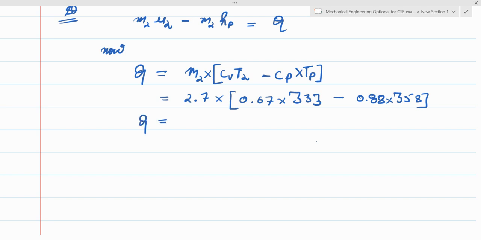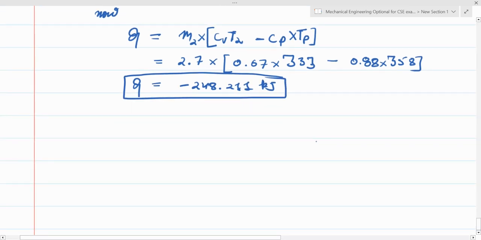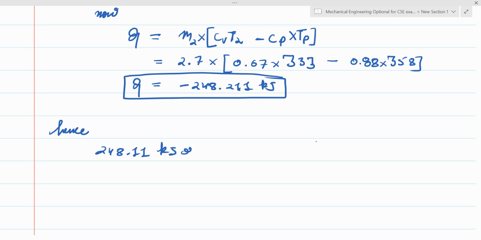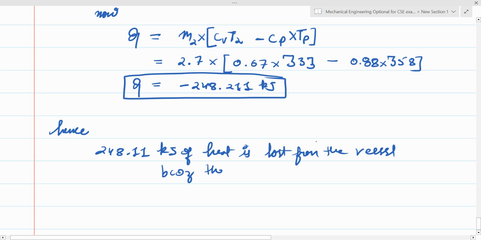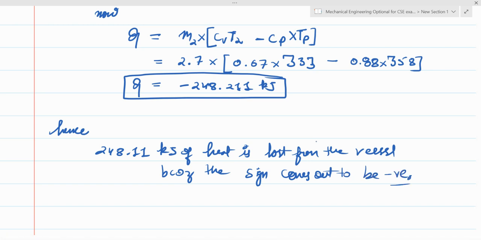Now this comes out to be minus 248.211 kilojoules. Hence 248.11 kilojoule of heat is lost from the vessel because the sign comes out to be negative.